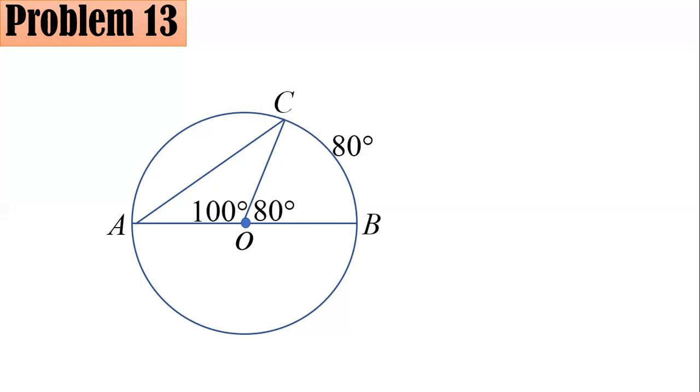Next thing is, guys, what kind of segment is AO? Radius. Very good. It's a radius. Correct. How about OC? What kind of segment is OC again? Also a radius. Very good. Therefore, since OA and OC are both radii, what can you say about their measures?